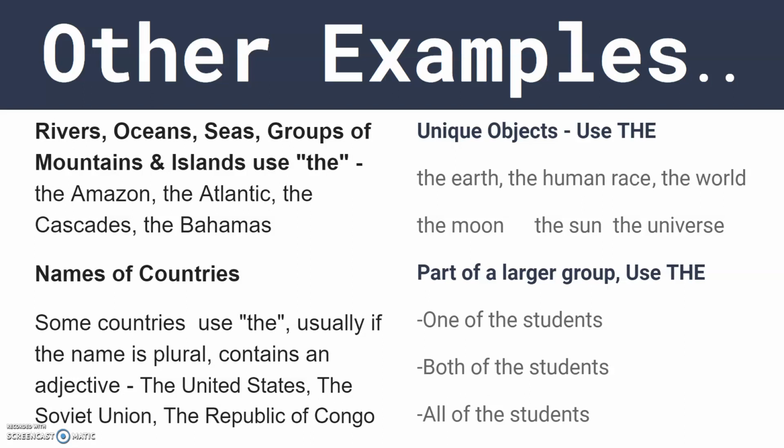We also use it for unique objects. So the earth, there's only one earth. The human race, the world, the moon, the sun, the universe. Unique objects, we use the. Also, when it's part of a larger group: one of the students, both of the students, all of the students.